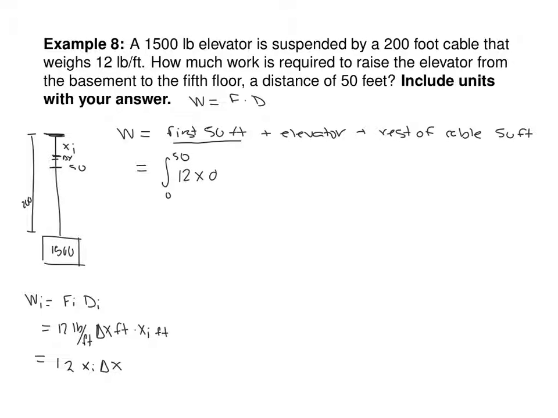just 12x dx. Now the elevator component's actually pretty easy. It has a weight of 1,500 pounds. It moves a distance of 50 feet. And the rest of the cable is actually also pretty easy. What we have to figure out is how much does the rest of the cable weigh. So the rest of the cable, there are how many feet?